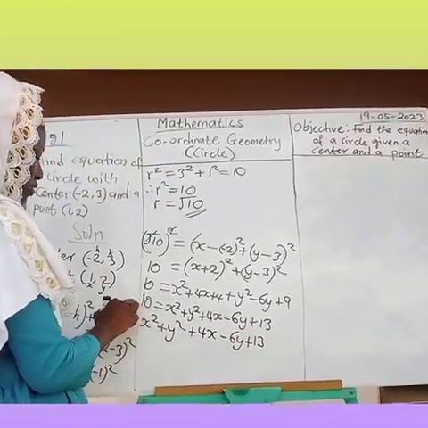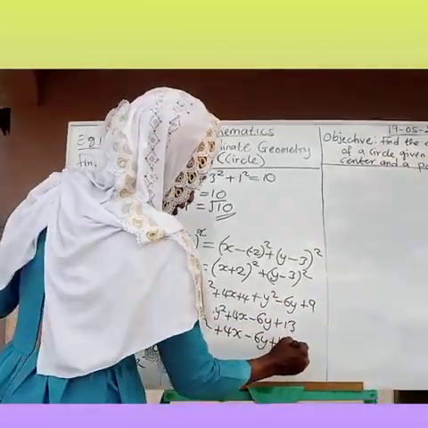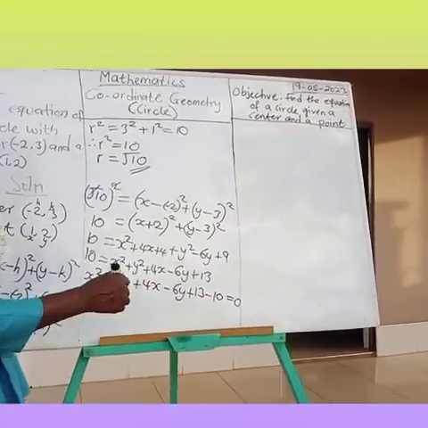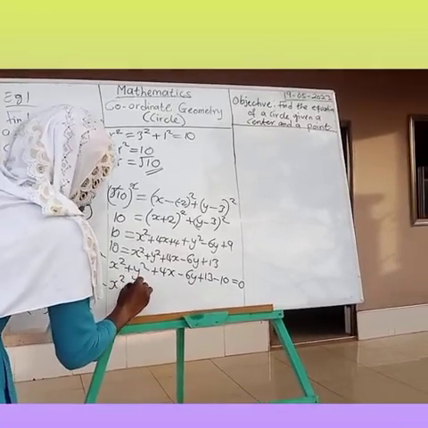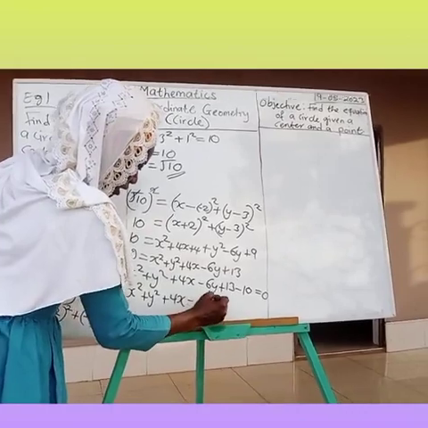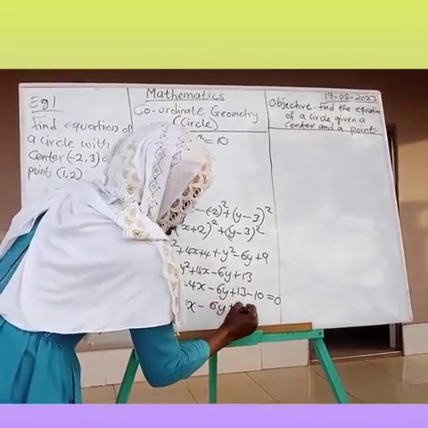We subtract 10 from this side, and also from the other side, so that this side goes to 0, because 10 minus 10 is 0. Finally, x squared plus y squared plus 4x minus 6y, and 13 minus 10 gives us 3, so plus 3 is equal to 0.